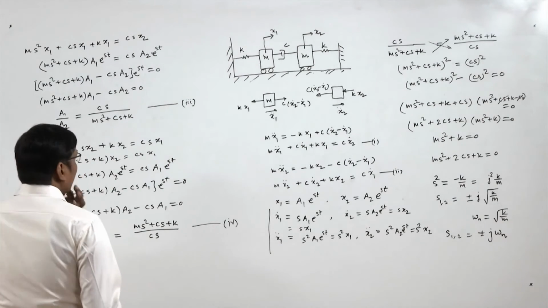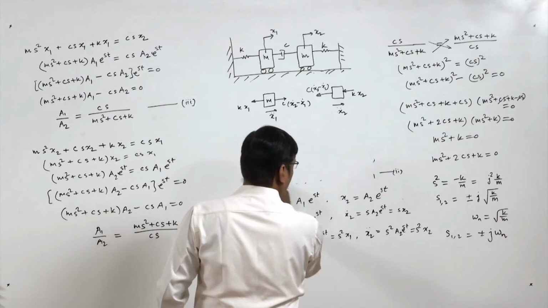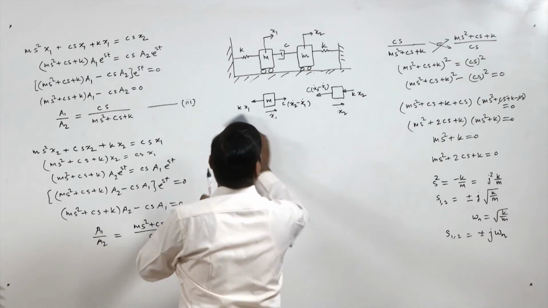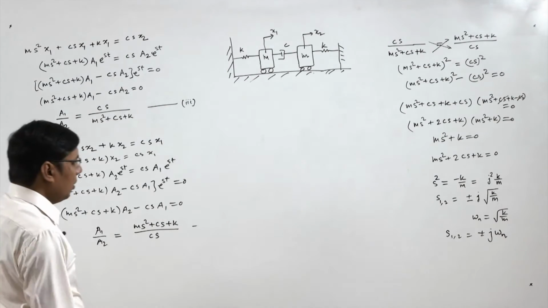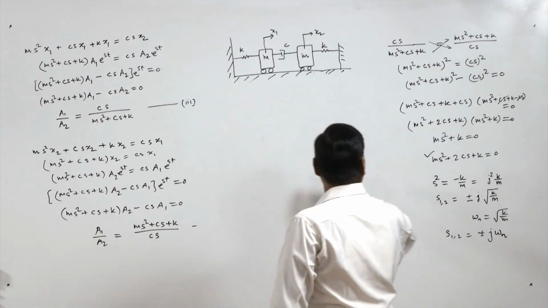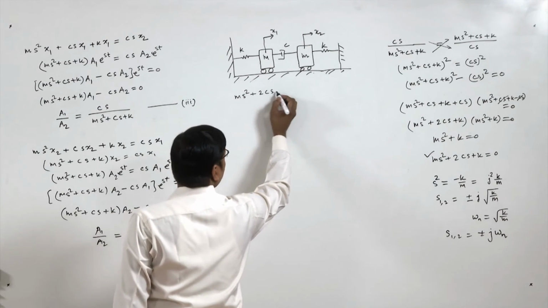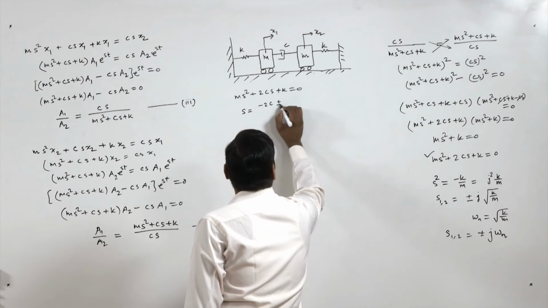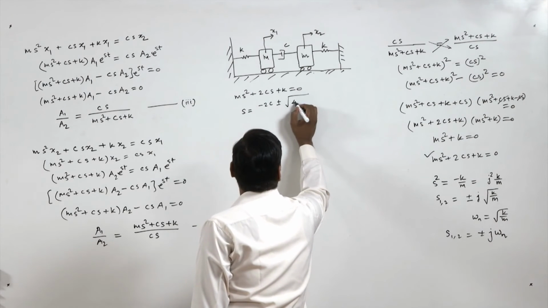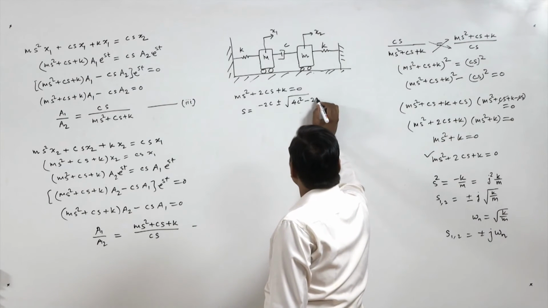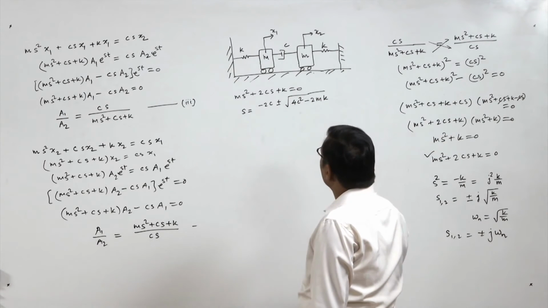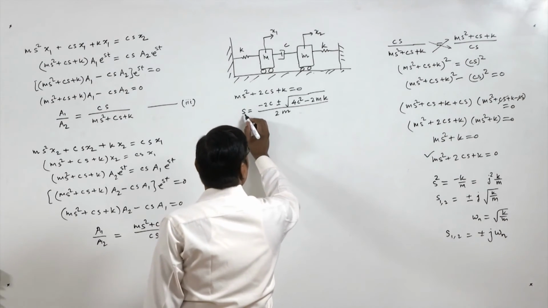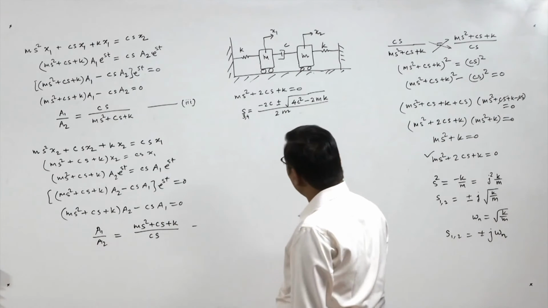Now, what about this equation? If we write m s square plus 2 c s plus k equal to 0, we have s equal to minus b, so minus 2c, plus minus under root b square, so b square is (2c) whole square, so it is 4c square, minus 4ac, with a being m and c being k. This gives the third and fourth roots of s, because we got two roots here.